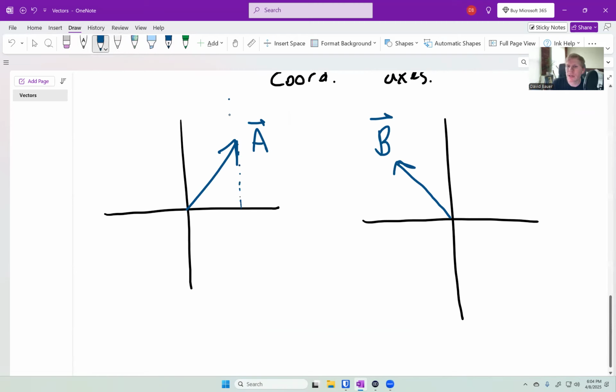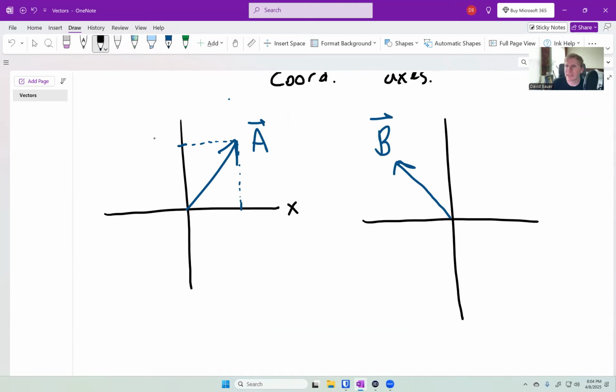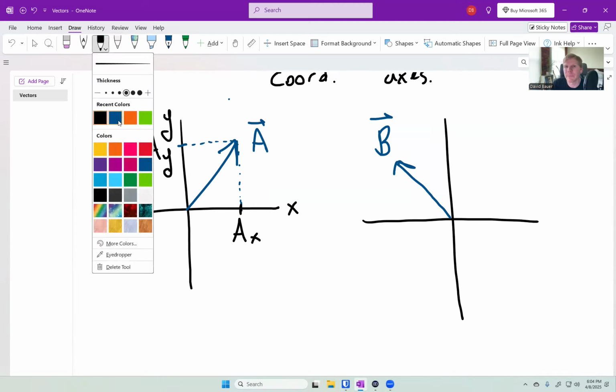Well, if I drop a line from the tip of the vector to each axis, wherever that line lands on the axis, that's the component. So for example, here's the x-axis, y-axis. This value here would be the x component of A, and this value here would be the y component of A. And same thing for B.